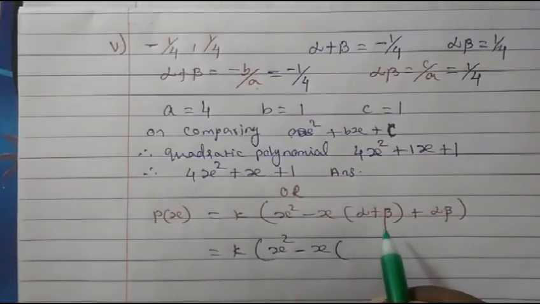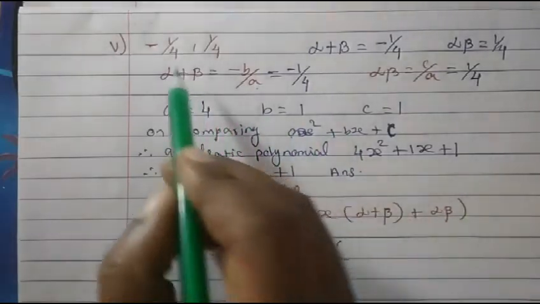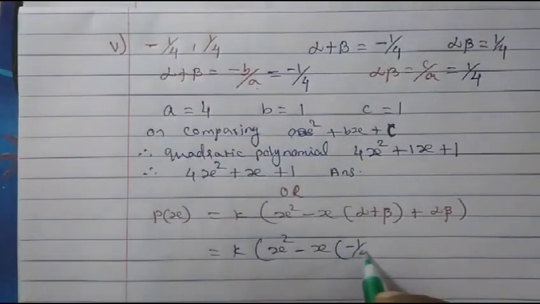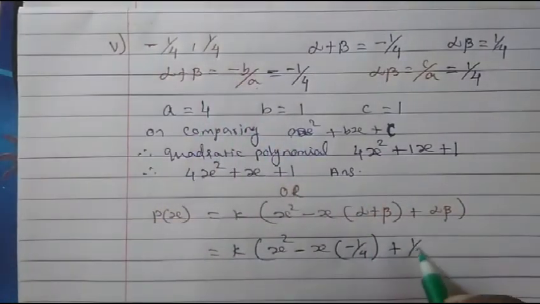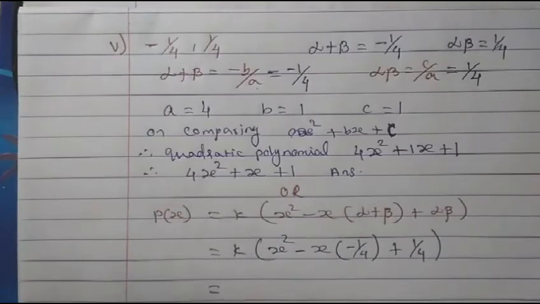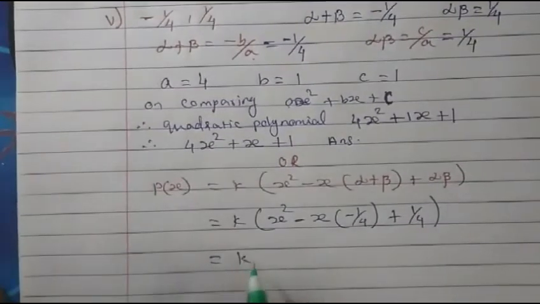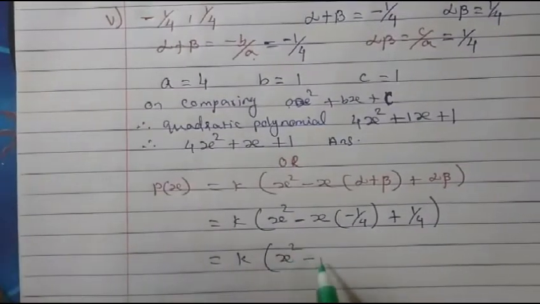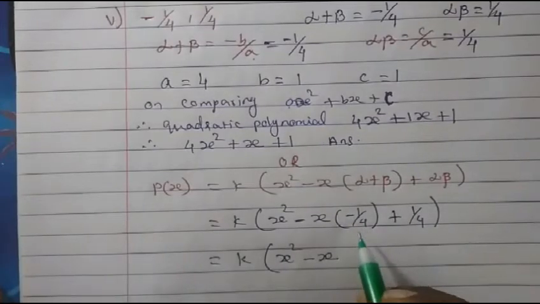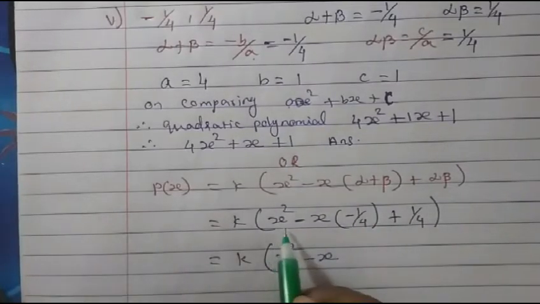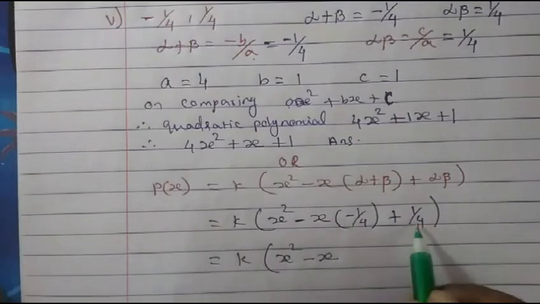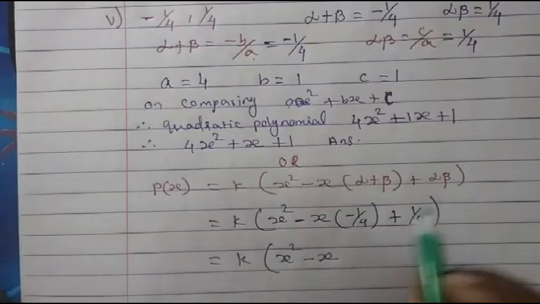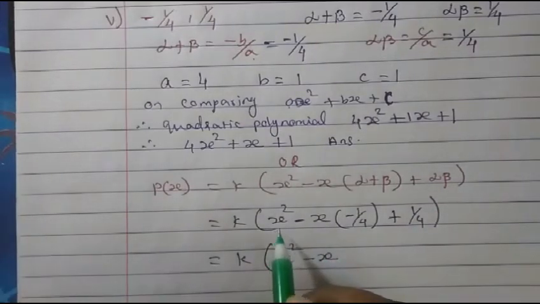The sum of the zeros is given to us as minus 1 upon 4, plus the product of the zeros is 1 upon 4. So now x square minus x. Here in the denominator we have nothing, but here we have 4 in the denominator, so we have to see that everywhere we are getting 4.